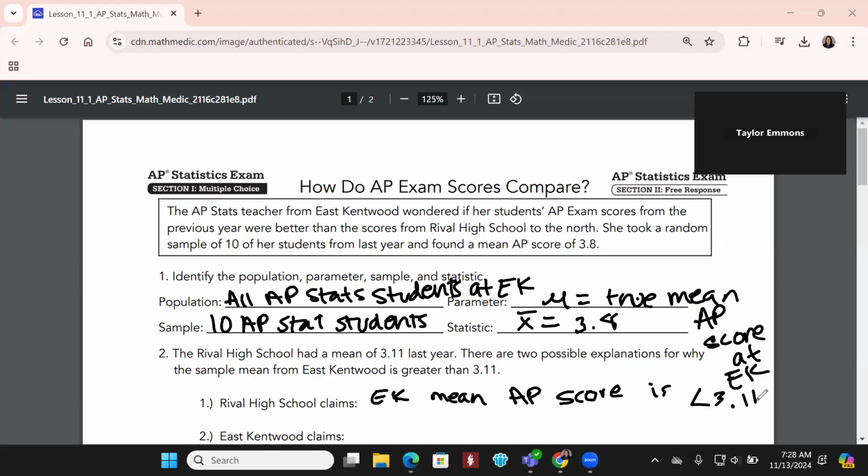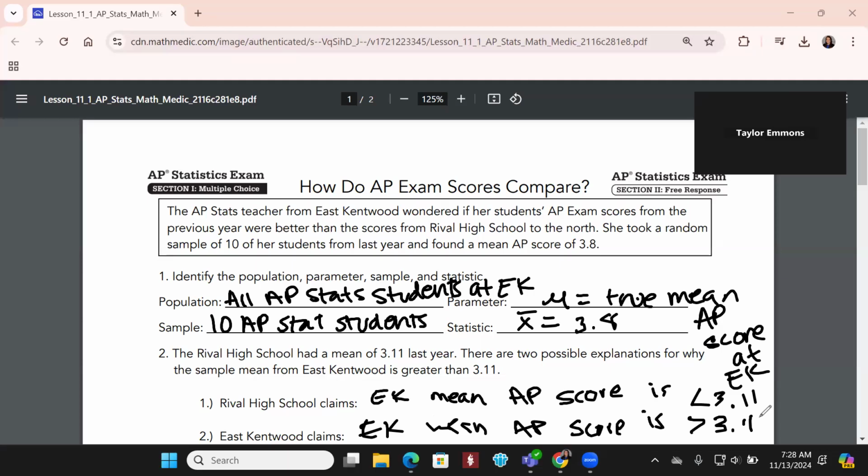Then East Kentwood claims that East Kentwood's mean AP score is greater than 3.11.